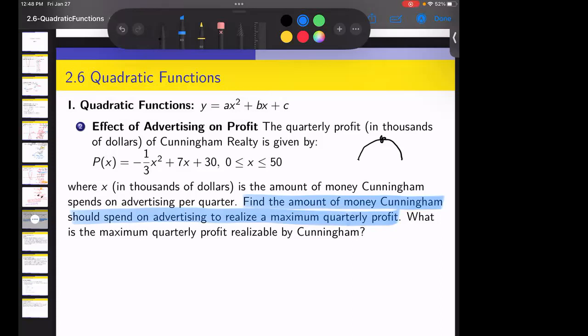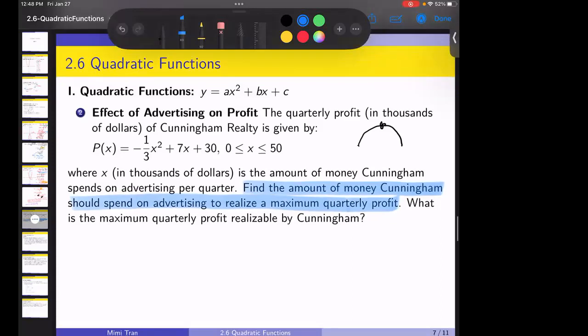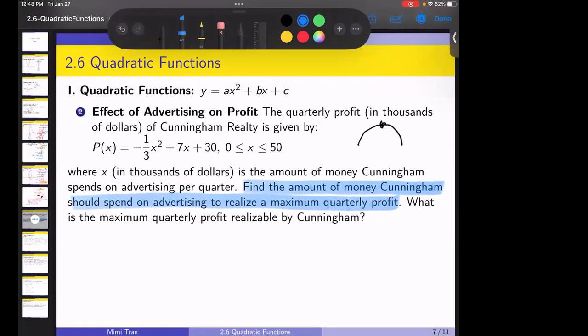What is x and what is p? Recall, x is the amount of money they spend on advertising, right? And p is the profit. So the one I highlighted in blue, that's x, the cost they spend on advertising. And then next they're asking for the profit, so that will be p. So I guess they're asking both eventually, right?